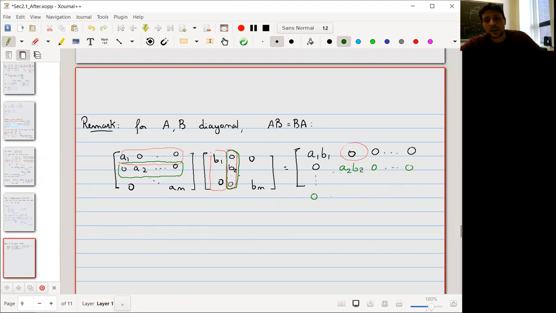In other words, everything in this product will be a 0, except for entries that were on the diagonal.